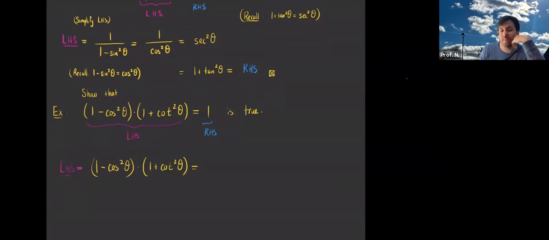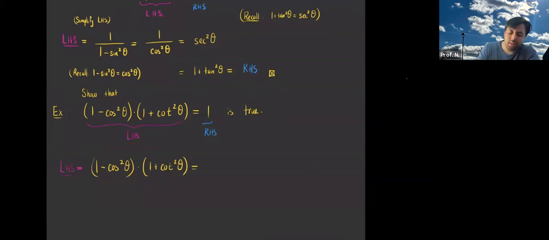There's two ways to go about this. Either you recall what these expressions are individually, what they're equivalent to, or you can try to see what happens when I distribute or FOIL.